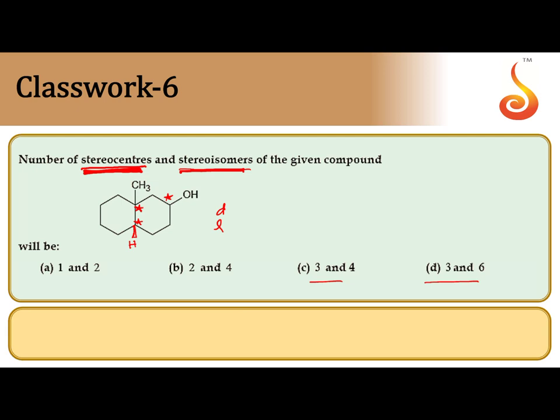When H and CH3 are in opposite directions, again the chiral carbon can show two types of configurations. So cis D, cis L, trans D, trans L. So totally 4 isomers are possible. That's why stereogenic centers 3 and 4 stereoisomers. Answer is C.